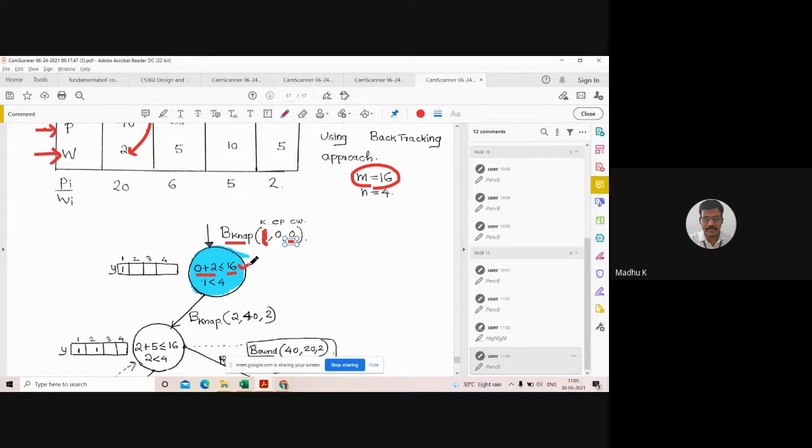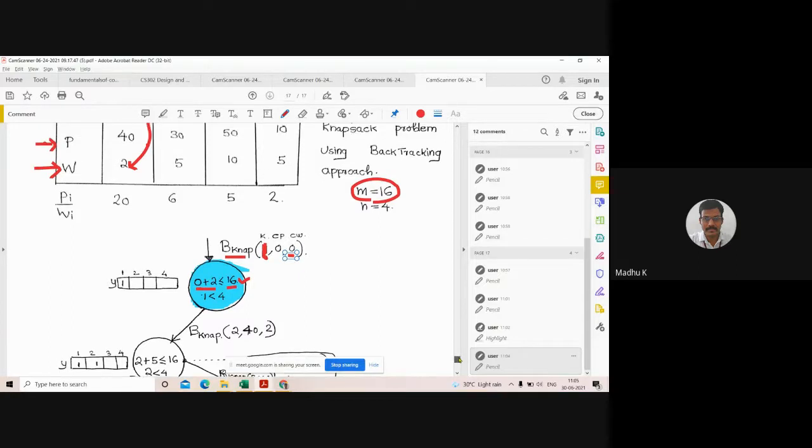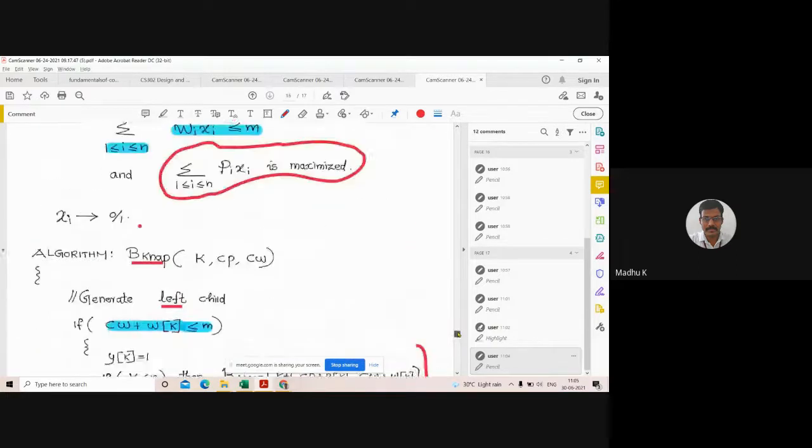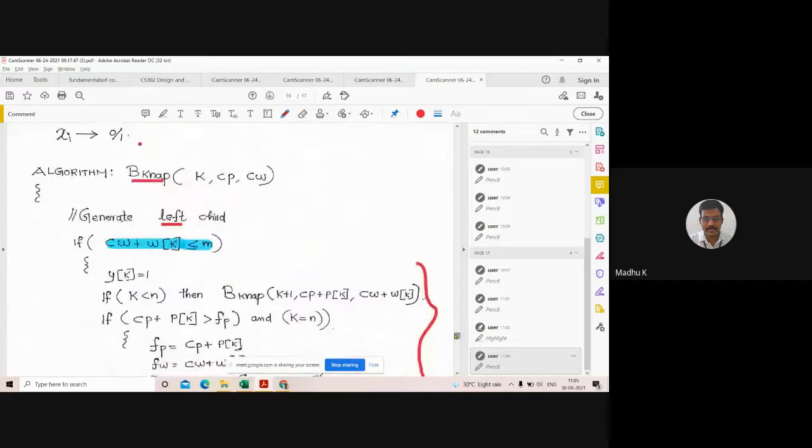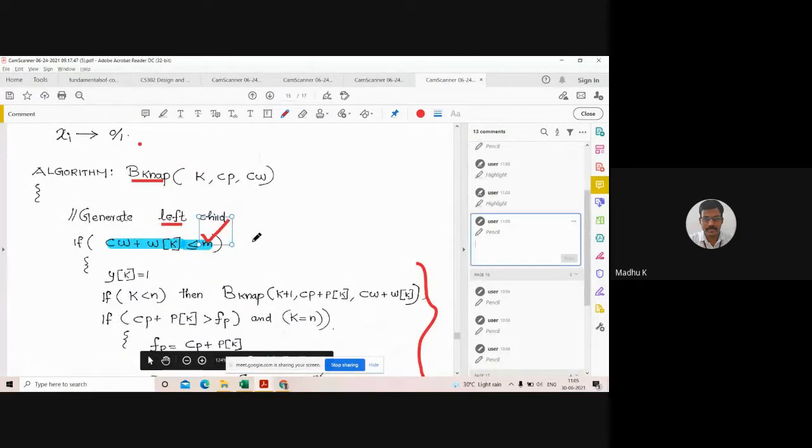Then we will try to generate the left child. In this case the condition is satisfied.